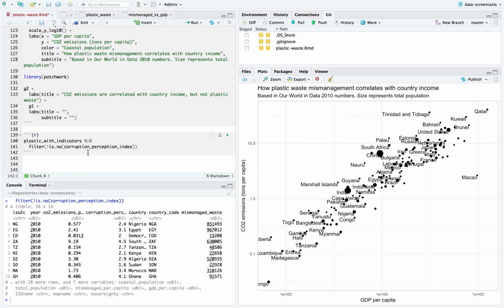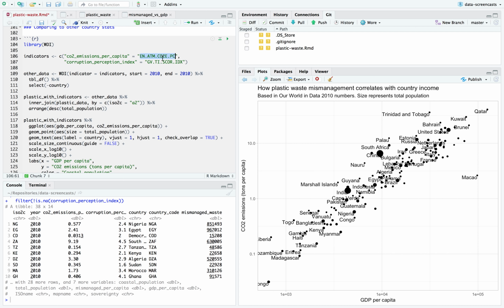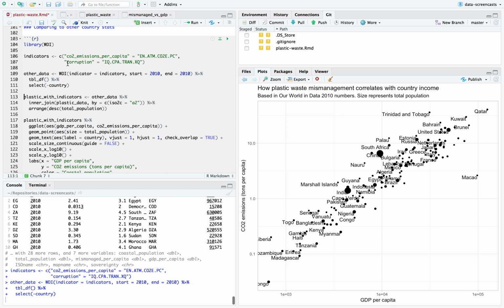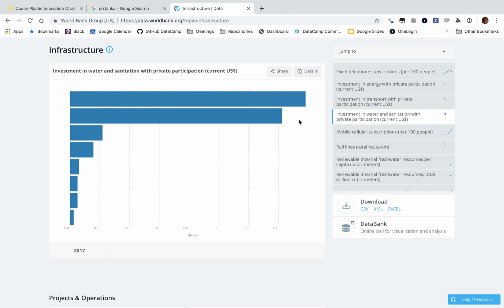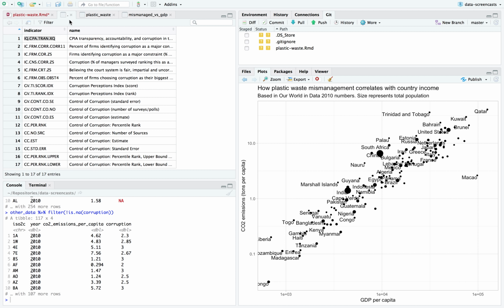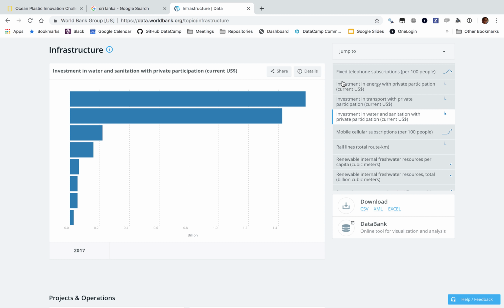I don't know what CPIA corruption is, but yeah, 117. That's a good deal better. What is this one? CPIA transparency, accountability, and corruption. Can I search for it?